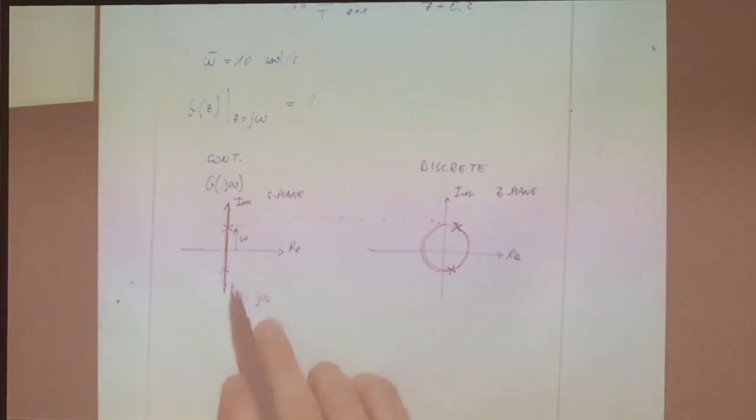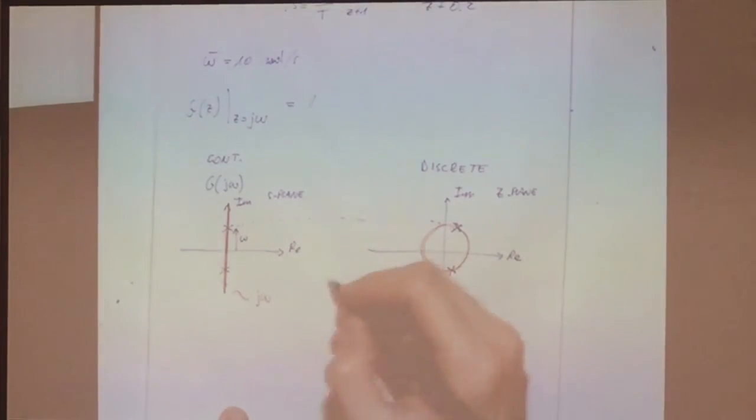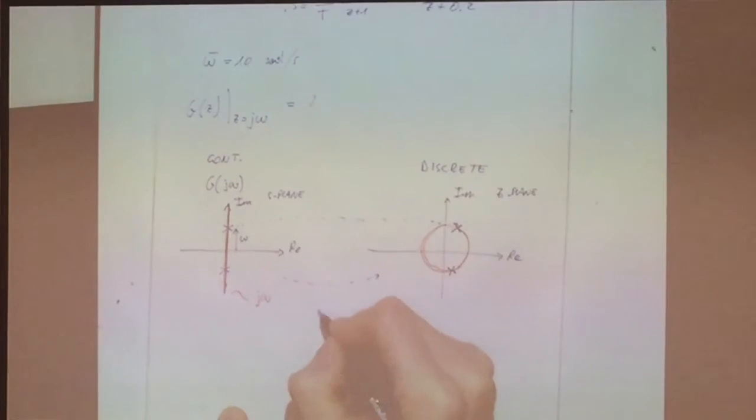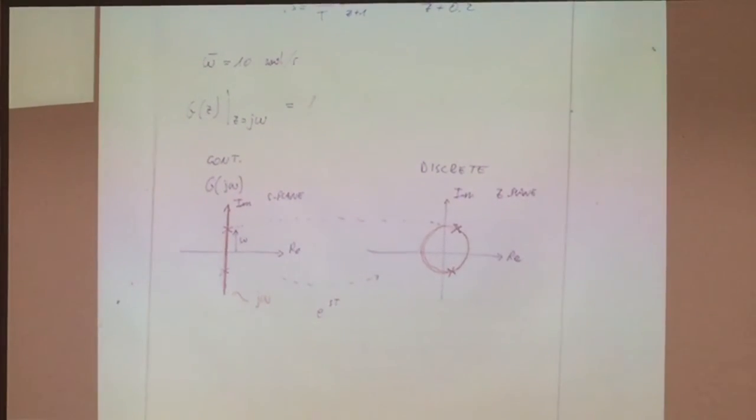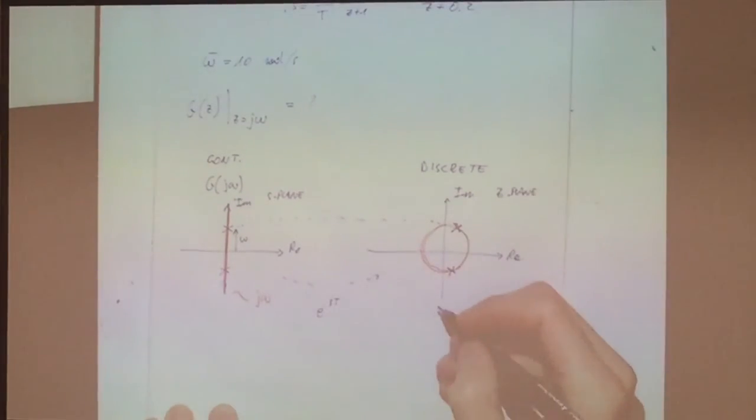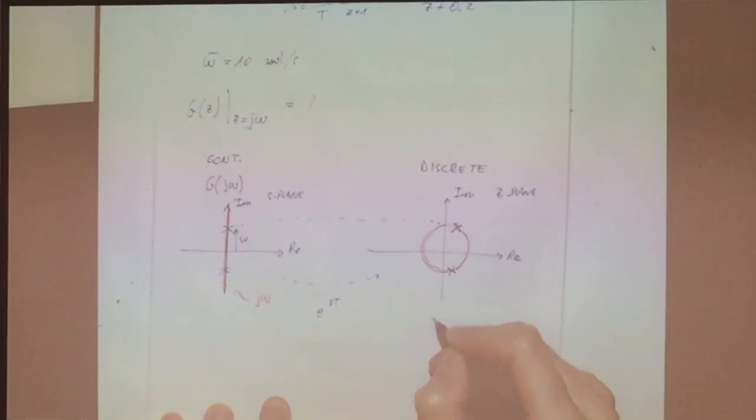How do you map a pole from the S-plane to the Z-plane? The way this one maps is according to the usual map that we know, which is e to the power of sT. So if you want to do a frequency response analysis again in here, you need to use G evaluated in e^(j omega T).